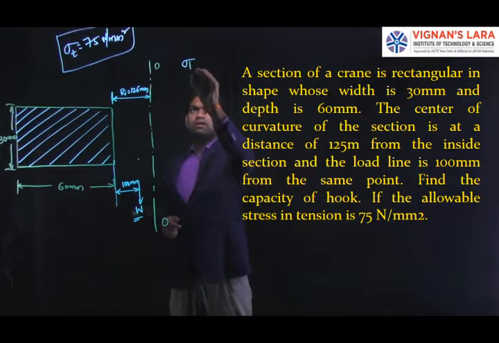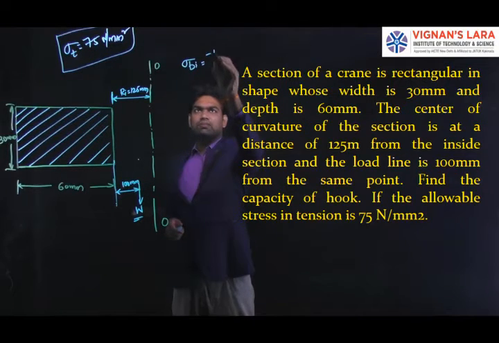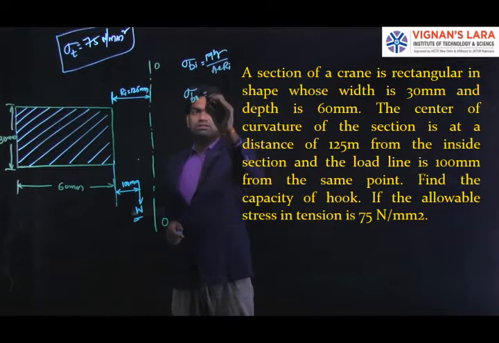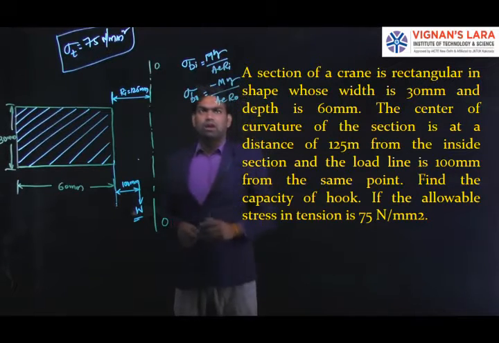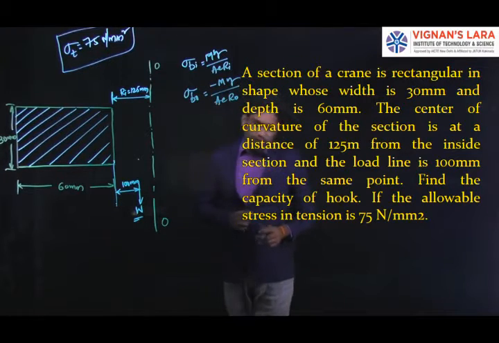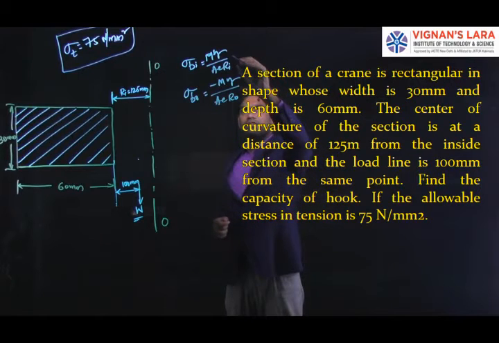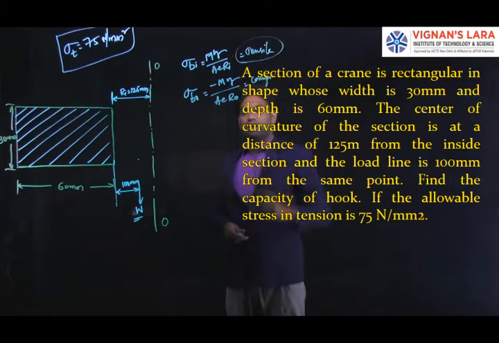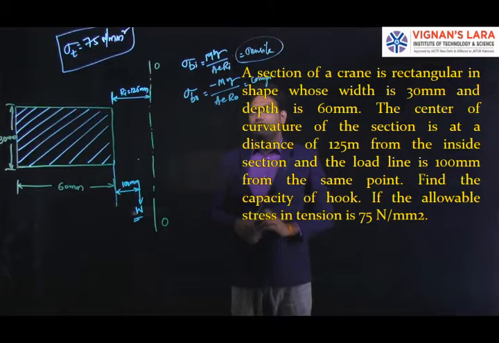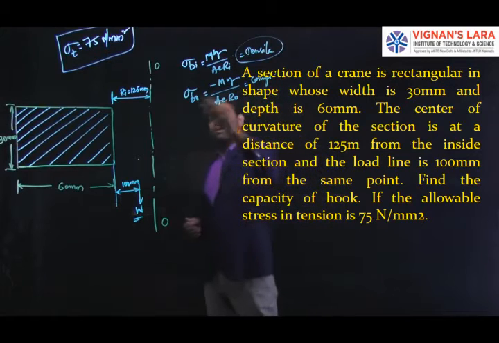We know that the stress at the inner fibers, sigma bi, is M y by A into Ri, and sigma b naught, the stress at the outer fibers, is minus M y by A into R naught. Out of both stresses, the maximum stress is observed at the inner fibers, because it is the tensile stress. So there is no need to find all these stresses.